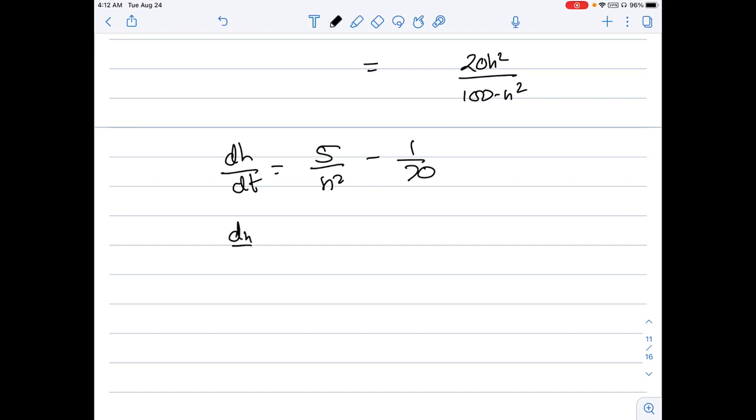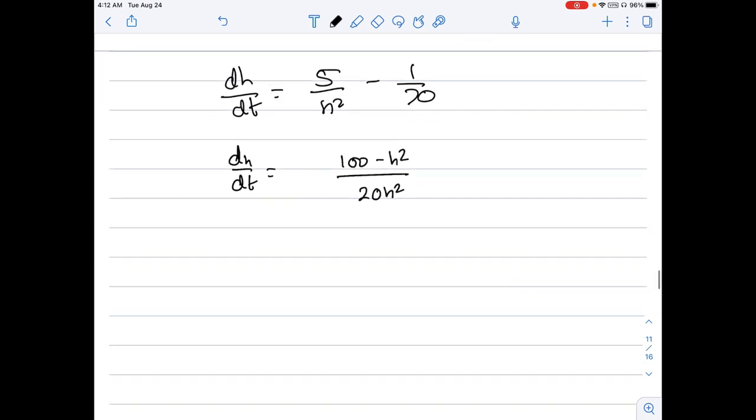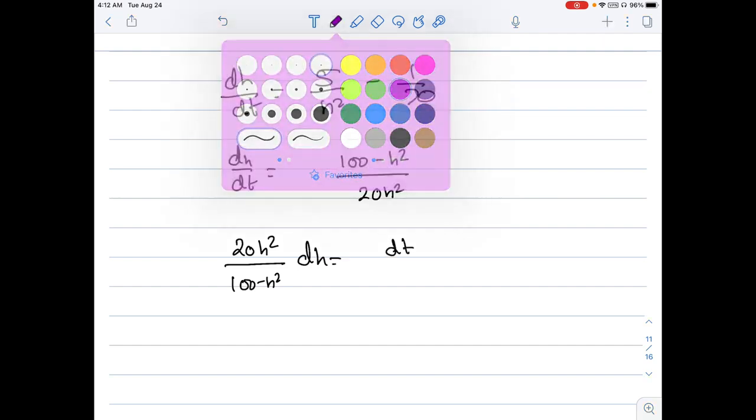So dh upon dt is equal to, if I do this one, it becomes 100 minus h square upon 20 h square. So bringing all the like terms on one side, 20 h square upon 100 minus h square dh is equal to dt. Then apply the integral on both sides.